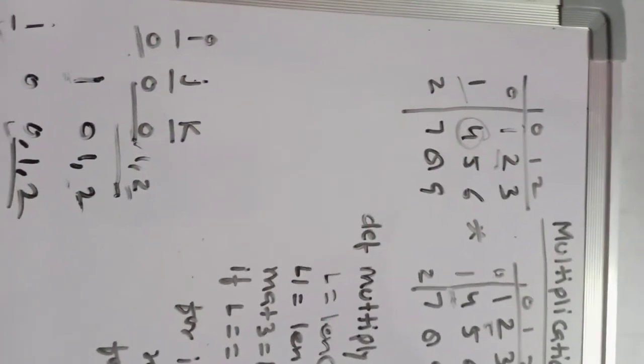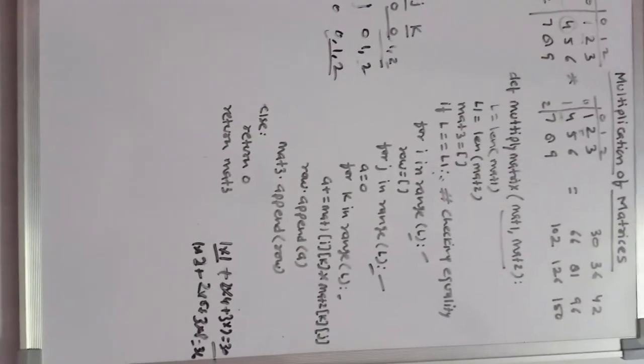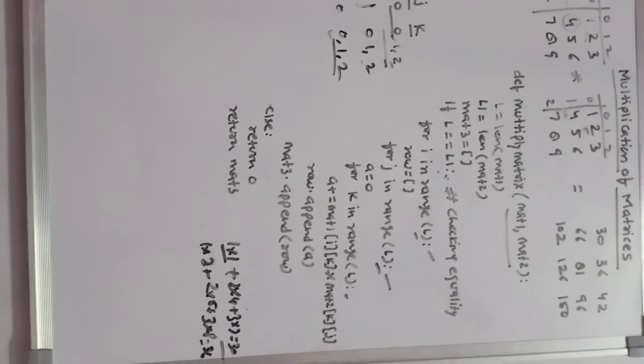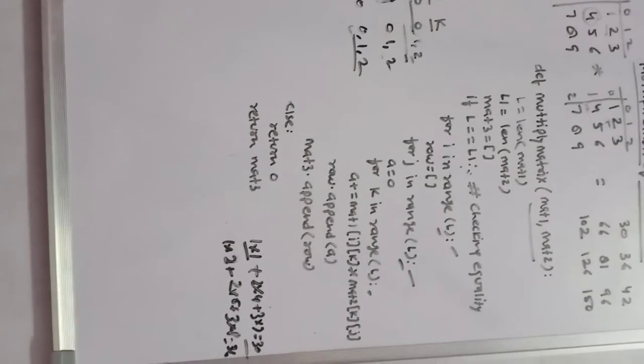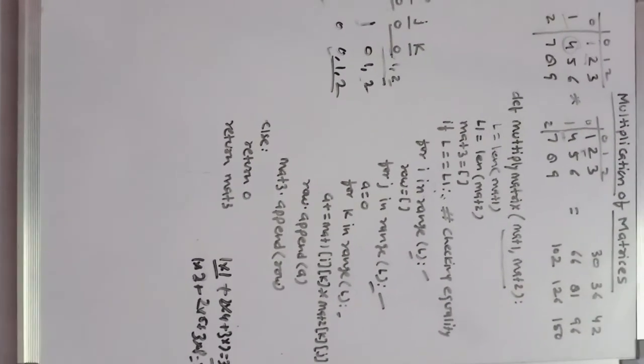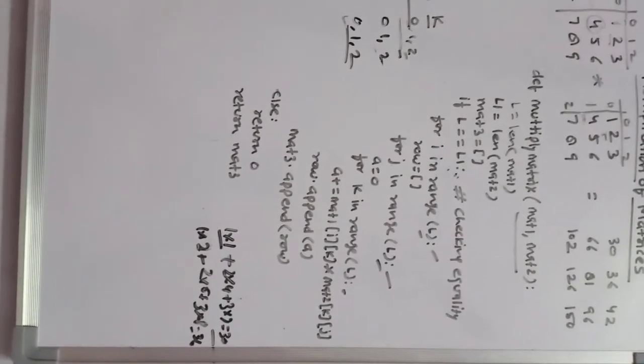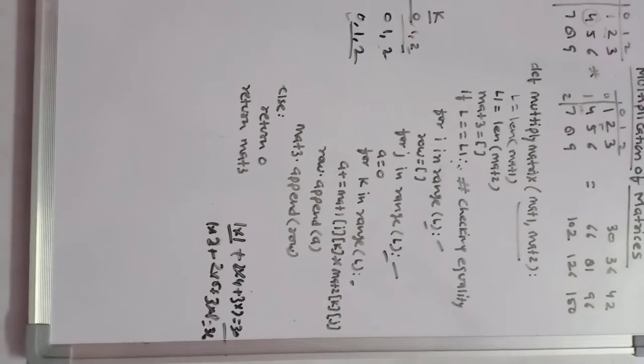It means we have started with the second row. Every time I is changed, the row will be changed. Every time J is changed, the column will be changed. And the K loop is the operational loop which is used to multiply and add the values.